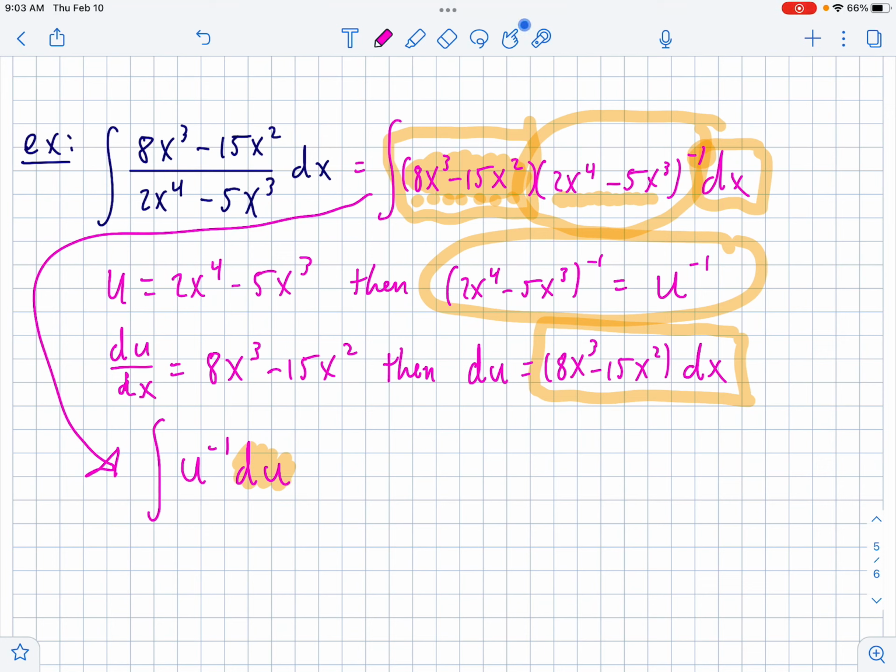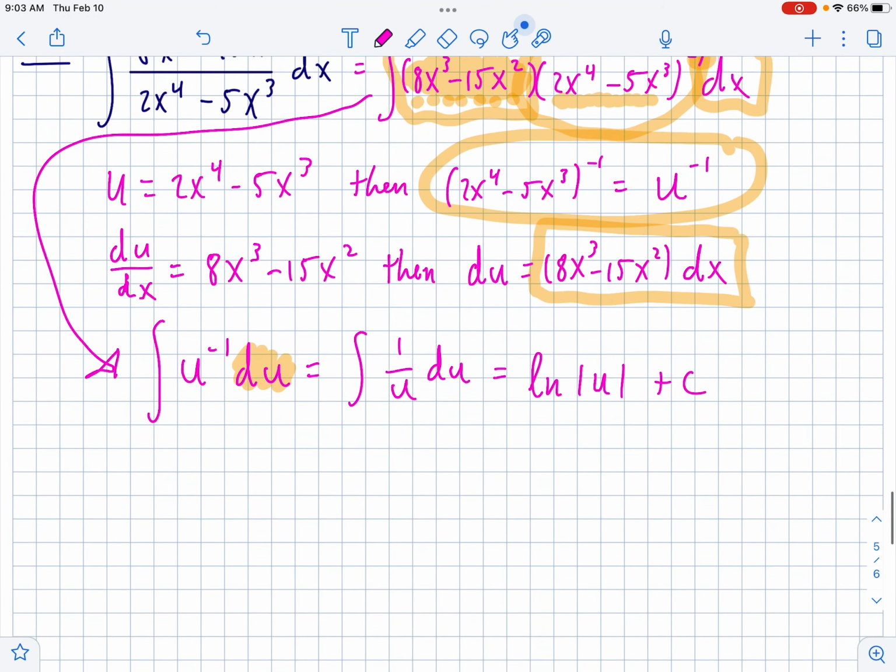Oh, yeah, that's right. This is the same thing as 1 over u du, which means this is natural log absolute value of u plus c. And then we have to replace the u with whatever it was. It was 2x to the 4th minus 5x cubed, plus c.